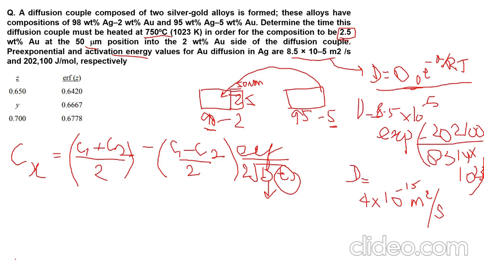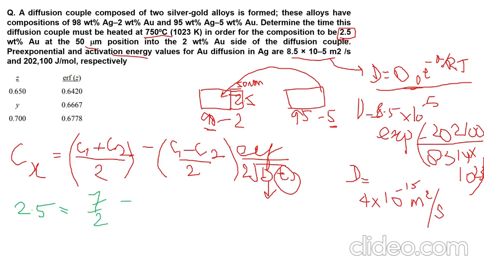Right. Now we will be using this equation. Say for example the Cx, the concentration at a position 2.5, we know that is 2.58%. Then we have the summation of the two concentrations, that will be 5 plus 2, that will be 7 by 2, right?